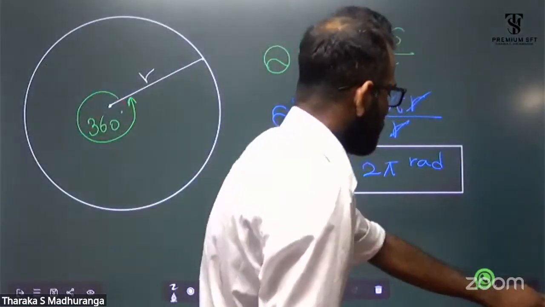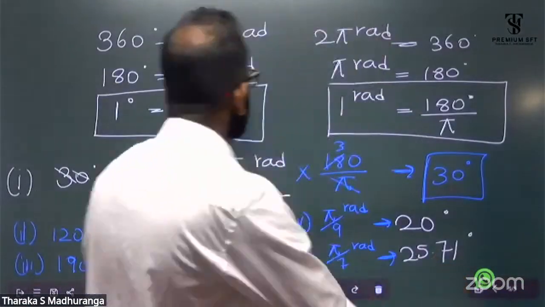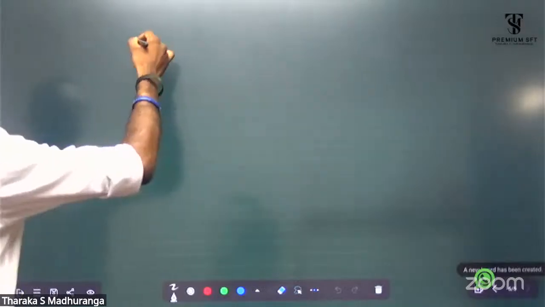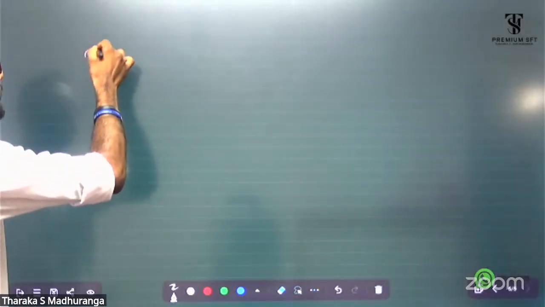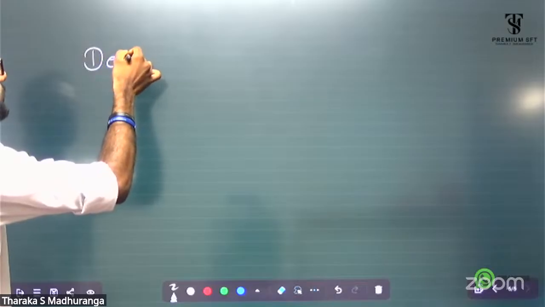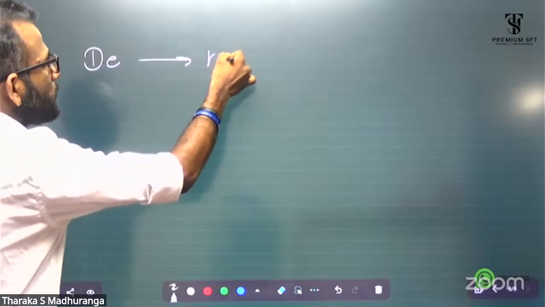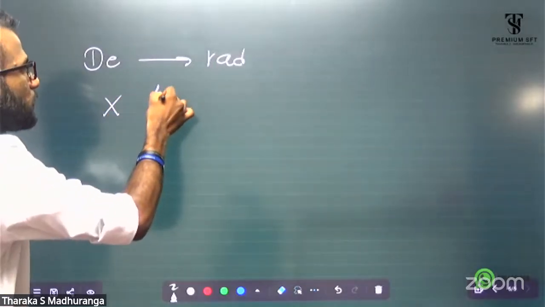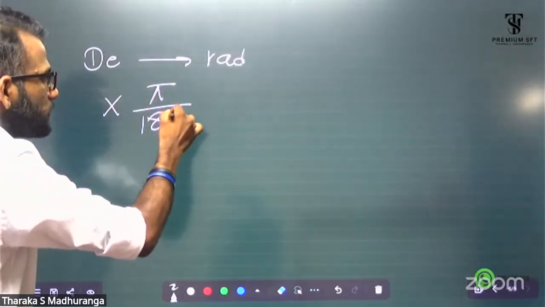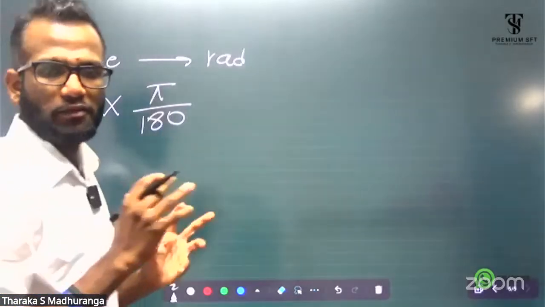Okay, the next summary. Any degree value, if you want to convert into radian, what you need to do is multiply with π over 180.